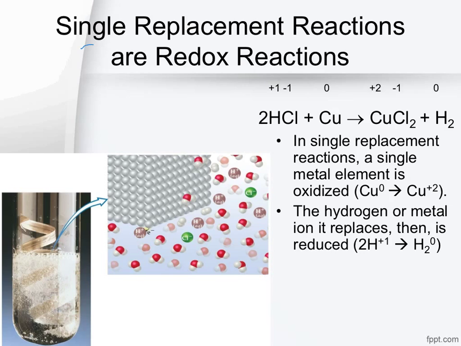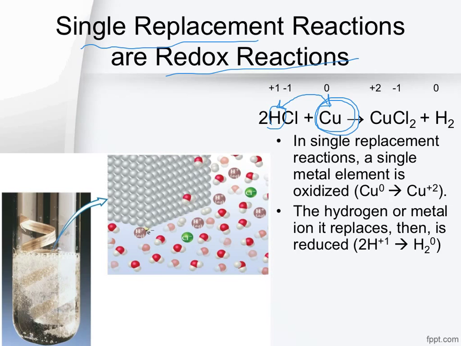A single replacement reaction is another type of reaction that is always a redox reaction. You identify a single replacement reaction because it always has an individual element that is trying to kick out or trade places with an ion.